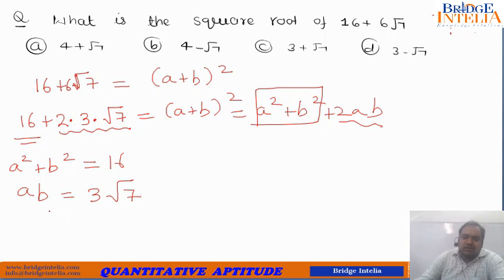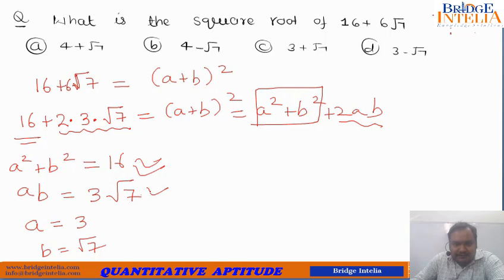So you have to think of two numbers such that a square plus b square is equal to 16 and ab is equal to 3 root 7. So can't we assume a to be 3 and b to be equal to root 7? Both would be valid, because root 7 whole square is equal to 7 and 3 square is equal to 9. So 9 plus 7 is equal to 16.